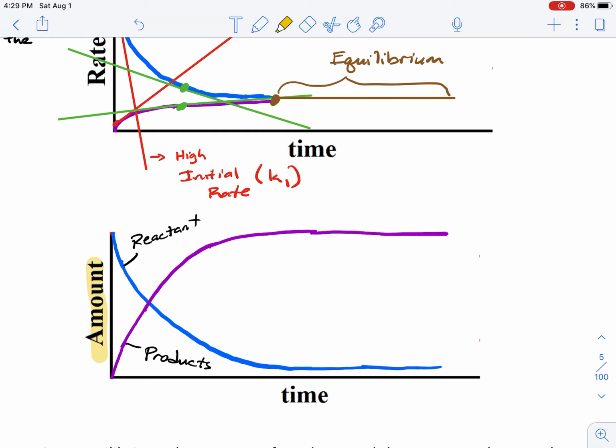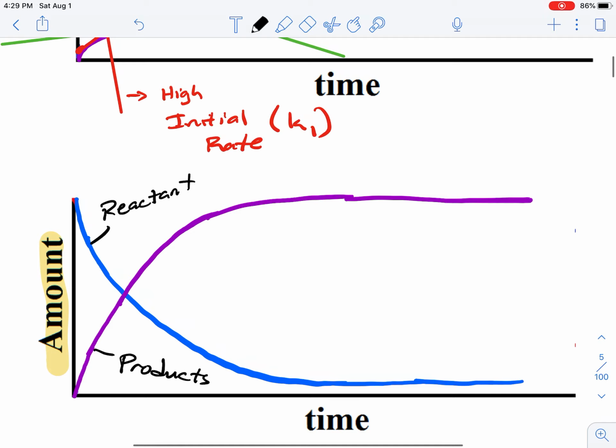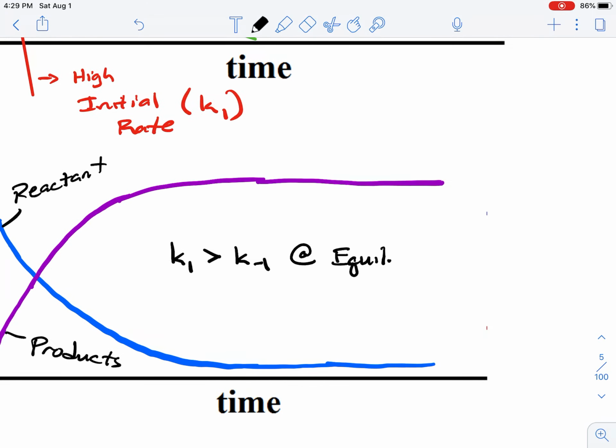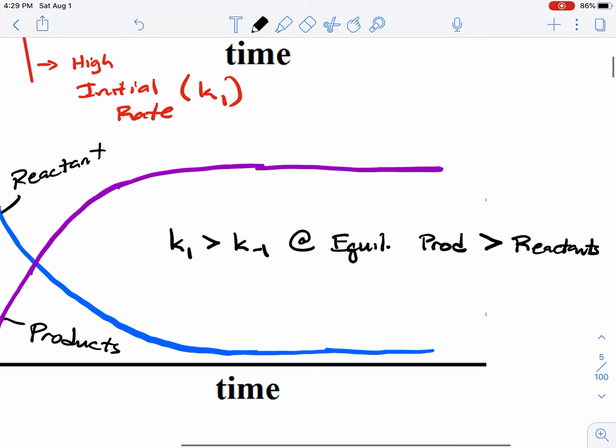It turns out that since we have a much faster initial rate in the forward direction than the reverse, at equilibrium the amount of products produced will be much greater than the amount of reactants. And that makes sense.